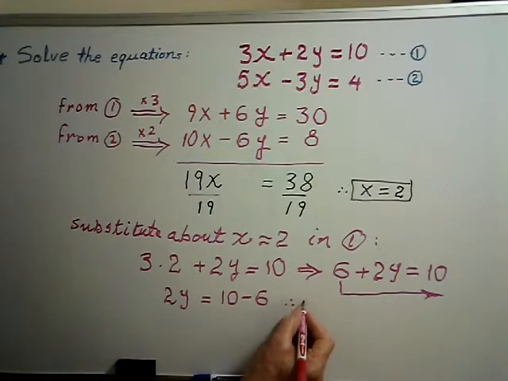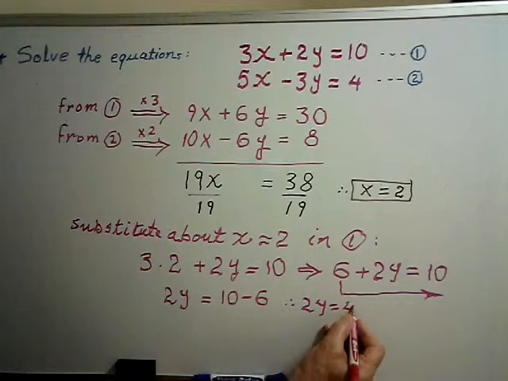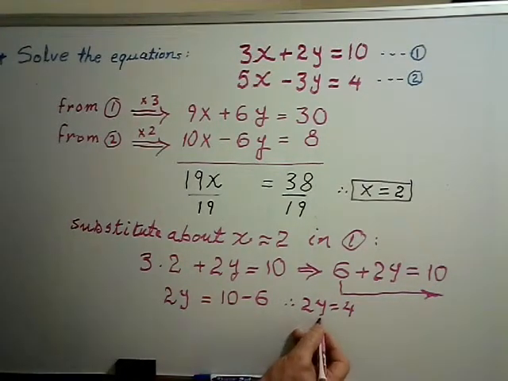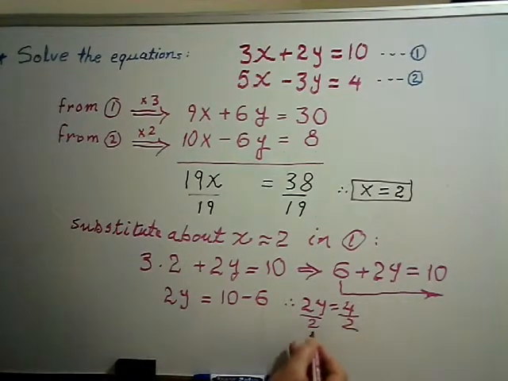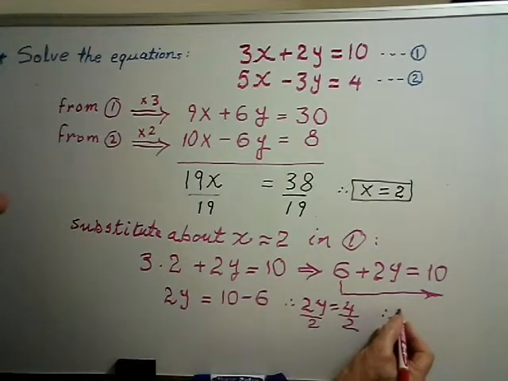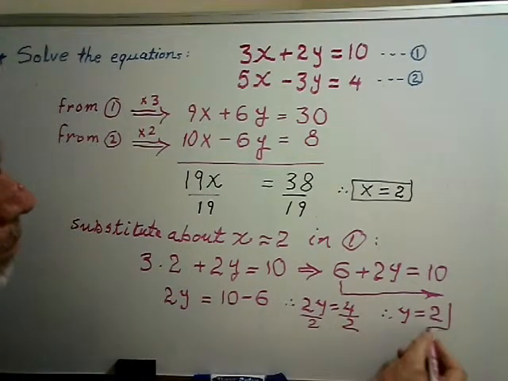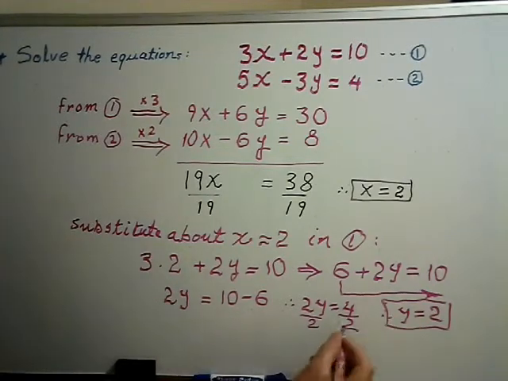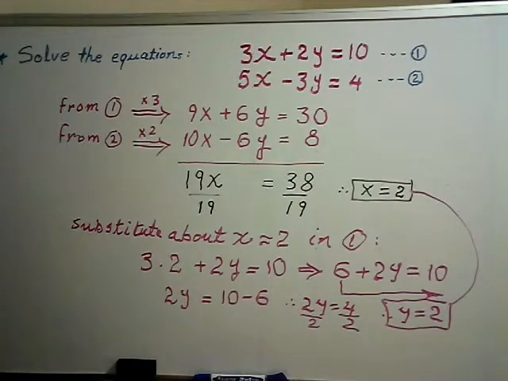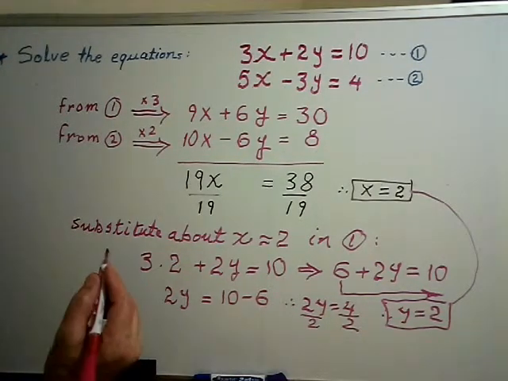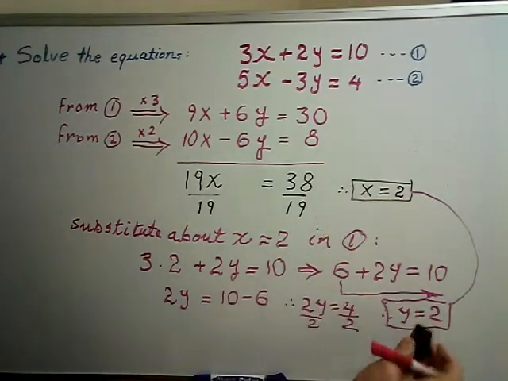So 2y is equal to 4, then divided by 2, we got y is equal to 2. So as we got x and y, then we got the solution. So the solution is 2 and 2.